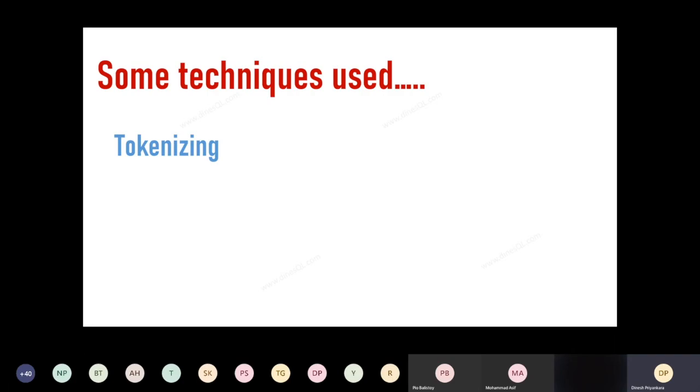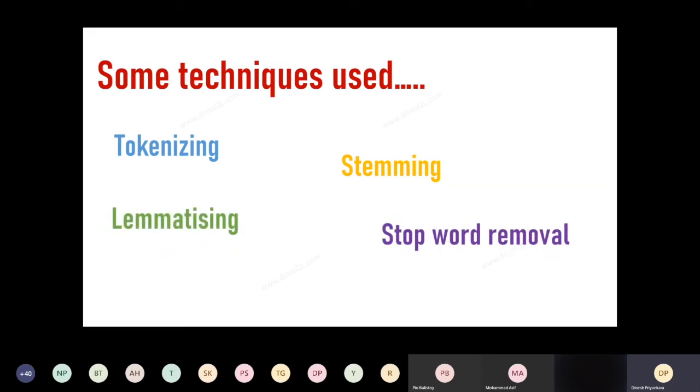So this is one technique we use for organizing our data set for sentiment analysis. Then we have two things called stemming and lemmatizing. That is all about making sure we do not use all types of words, we use the root word.